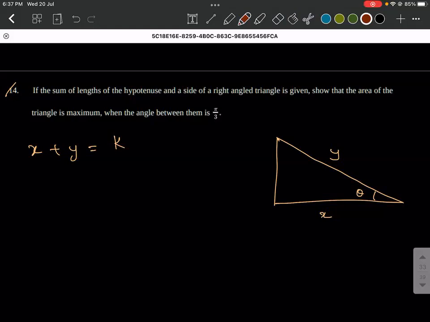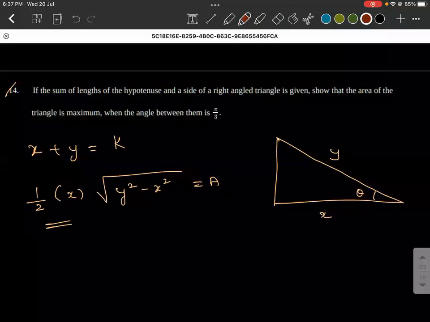Correct? So what is the area of the triangle? Half into base into height. Height is root of y square minus x square. So this is the area. Area is a function of two variables, converted to one variable. In the place of y, I can write k minus x.